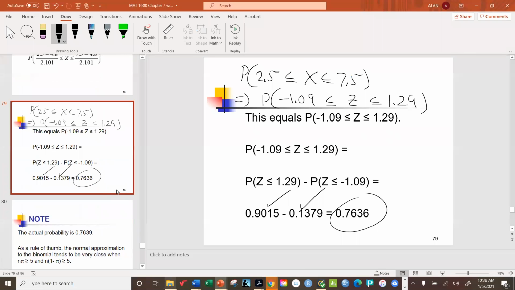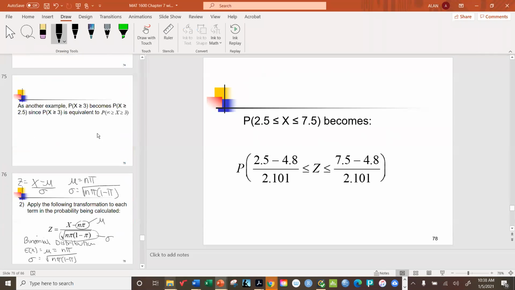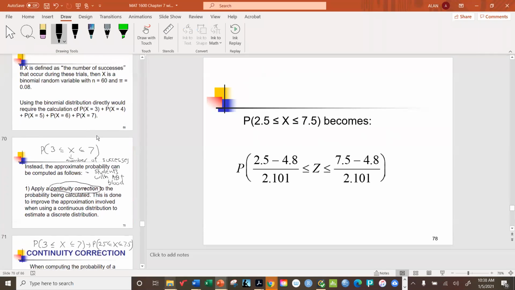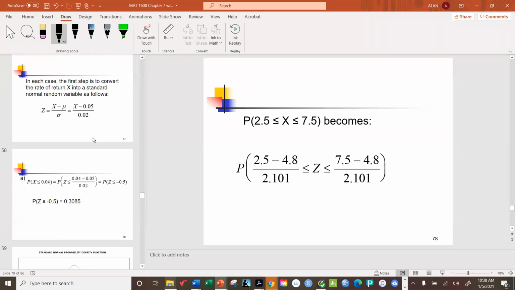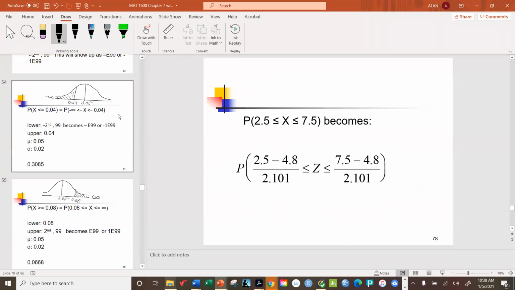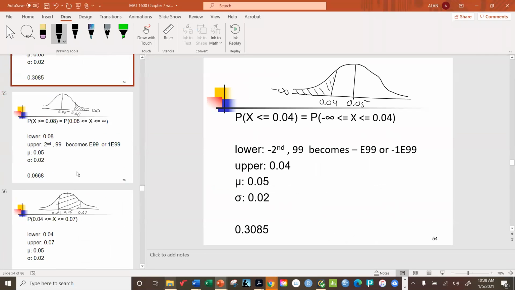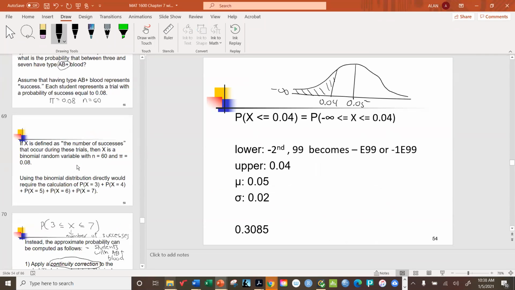Now, if you want to use the calculator directly, let me go back and grab one of those other slides that I created. Here we go. We'll pick one of these at random and recycle it, I guess we could call it.